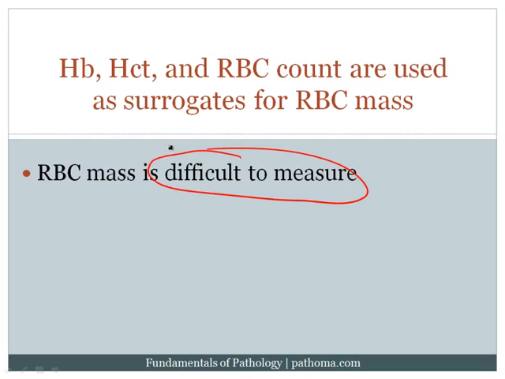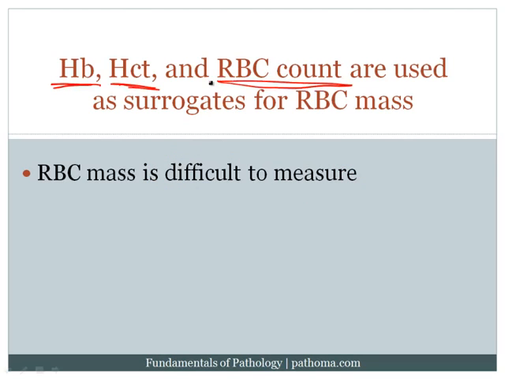So instead of measuring red blood cell mass, we use some surrogate markers. These surrogate markers help us make an effort to determine exactly what the patient's red blood cell mass might be. The three key laboratory studies that are used are hemoglobin, hematocrit, and the red blood cell count.